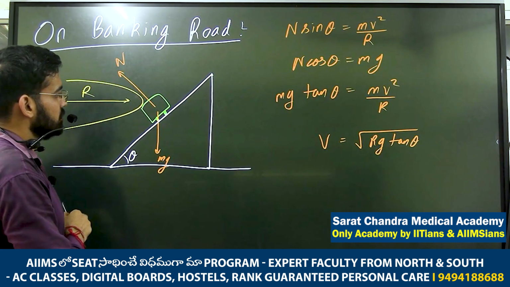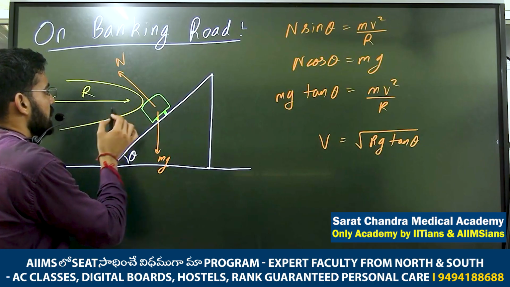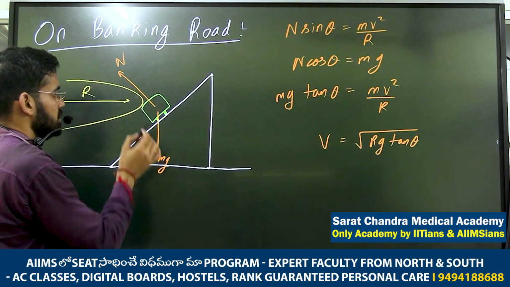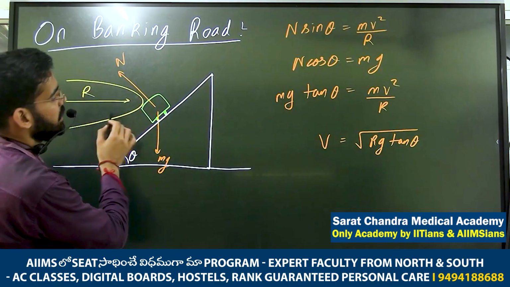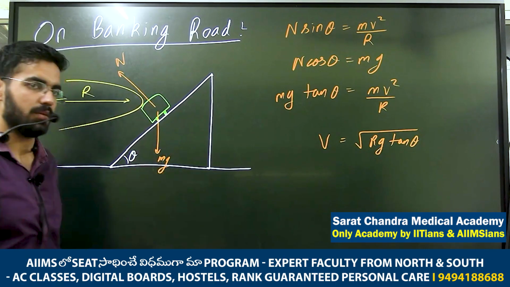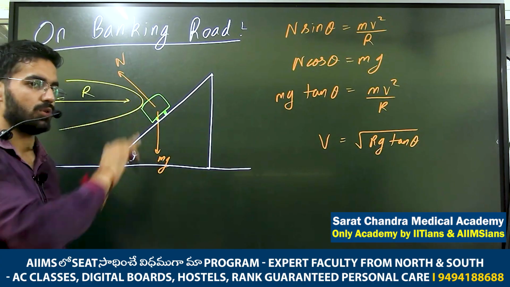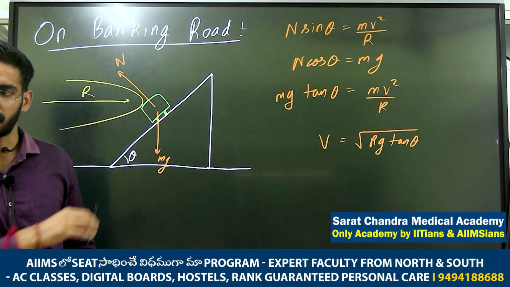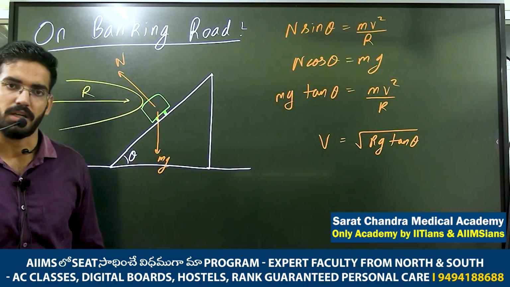So this side n normal, this side mg, this side n cos theta and n sin theta. So n cos theta is balancing the mg. But n sin theta you don't require properly, so it will slide down. Understood?